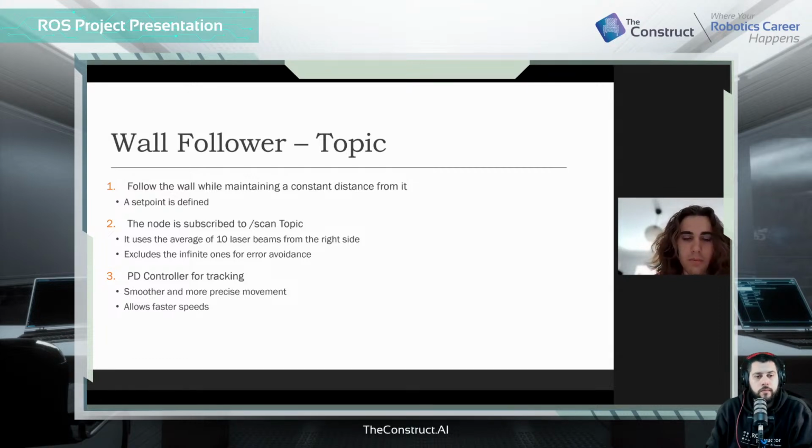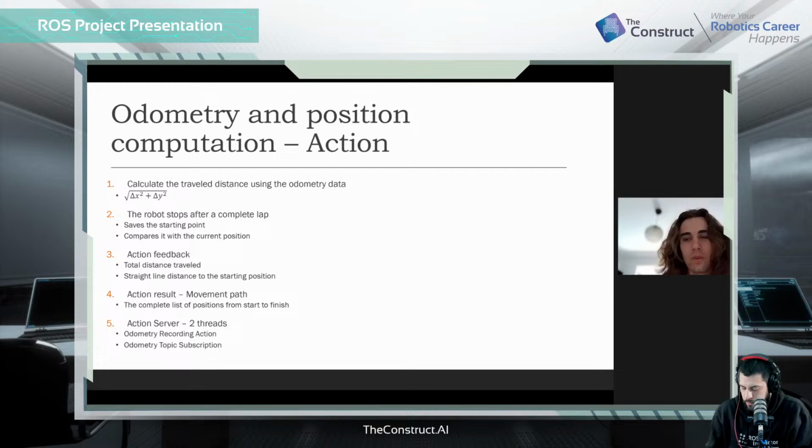And the node is subscribed to the scan topic. And it also uses the average of 10 laser beams from the right side. And for the third objective, done with the action, I calculated the travel distance using the odometry data. Also, like I said, the robot stops after a complete lap.